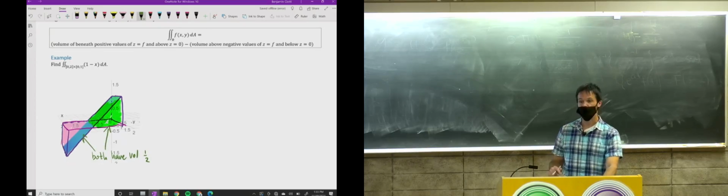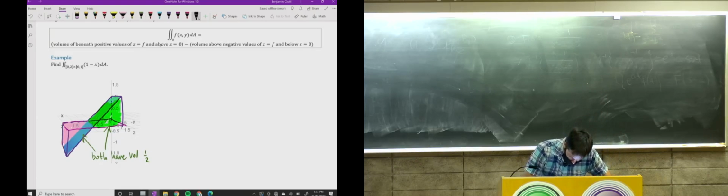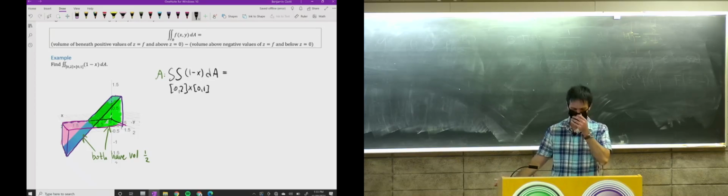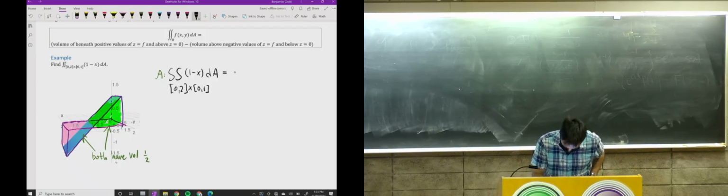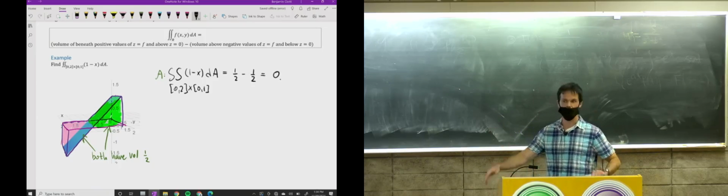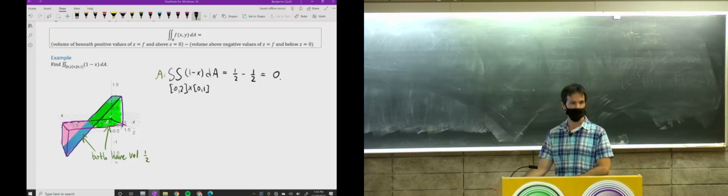Now the double integral is the signed volume. So the answer to the question, the double integral over 0, 2 cross 0, 1 of 1 minus x dA, it'll be what? What will it be? Good, very good, yes, because it's 1/2 minus 1/2, which is 0. Cool, so that's the concept of signed volume.